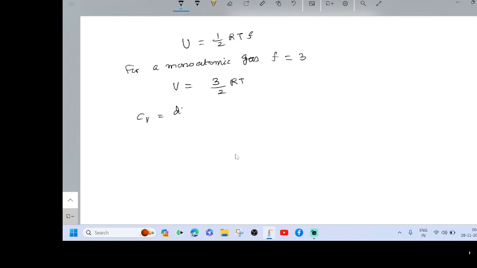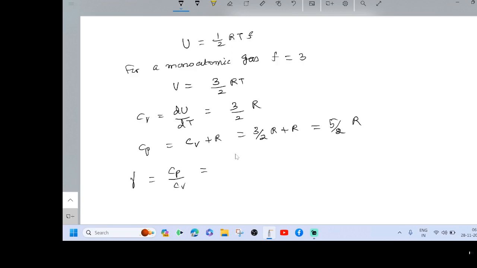Then CV equals dU by dT, which is equal to 3 by 2 R. Then Cp equals Cv plus R, which is 3 by 2 R plus R, equal to 5 by 2 R. Then gamma equals Cp by Cv, which is 5 by 2 R into 2 divided by 3R, which is equal to 5 by 3. We know the value of 5 by 3 is 1.66.